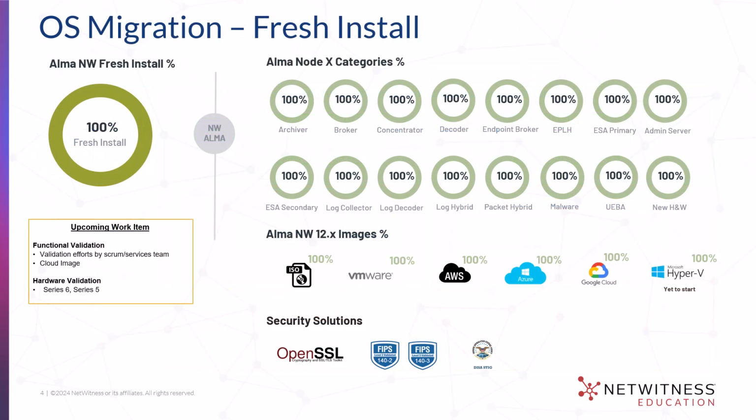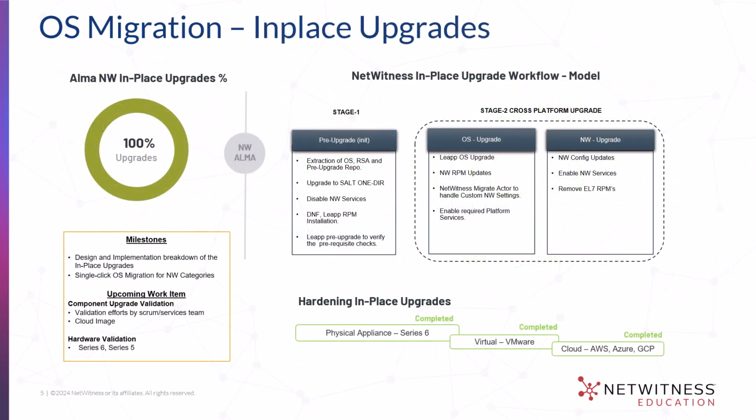As we stand today, we have completed the process of fresh installs for Alma, both for the admin server as well as for all the Node X categories. Once the upgrade is triggered, there are 2 stages. As I previously mentioned, the first stage involves the extraction of the OS, RSA, and pre-upgrade repos before the upgrade.